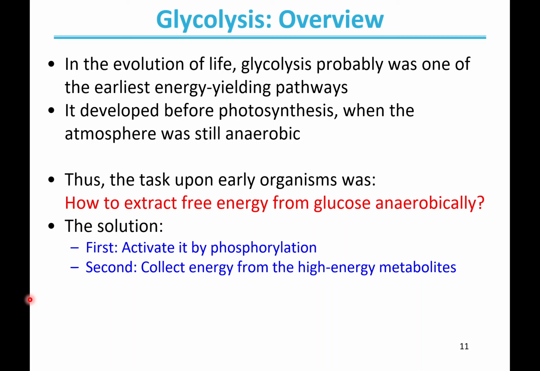Glycolysis doesn't require oxygen, so anaerobic organisms can still use glycolysis, unlike the main respiratory chain, the electron transport chain in the mitochondria, which requires oxygen. So early organisms on the planet had the task of extracting free energy from glucose anaerobically.